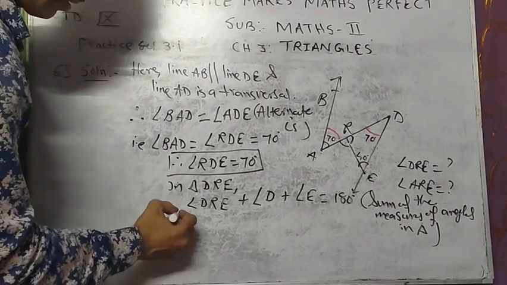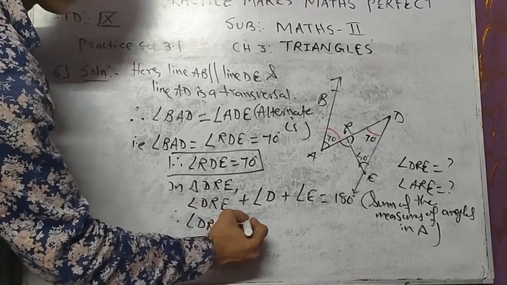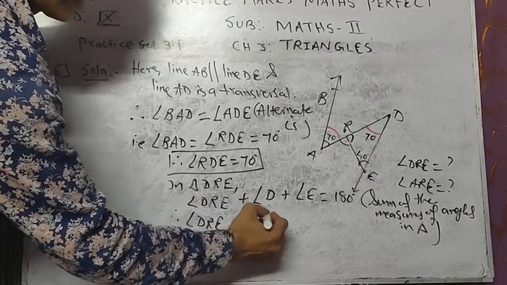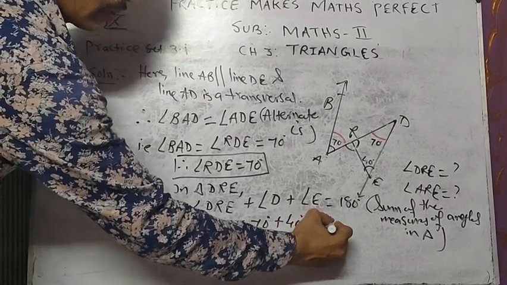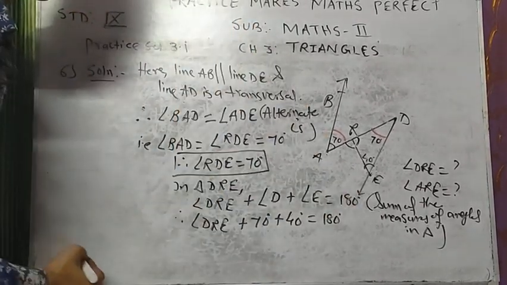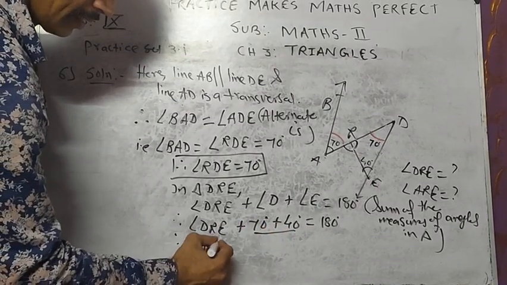Okay, now therefore angle DRE, you don't know this, angle D is 70, E is 40, is equal to 180 degrees. 70 plus 40 will be 110.